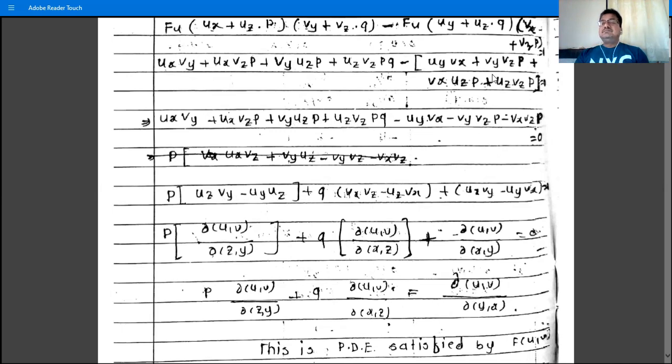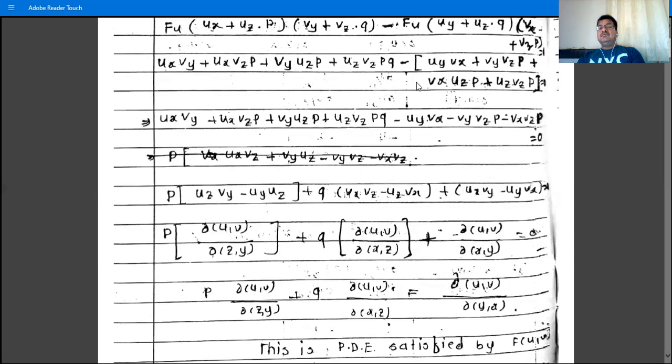Observe this term, u_y v_z, and the terms of q. So this is the term u_x v_z, right here p, minus this term, right here q.